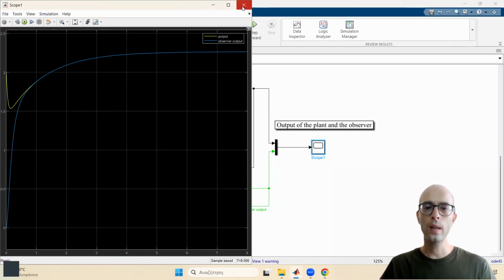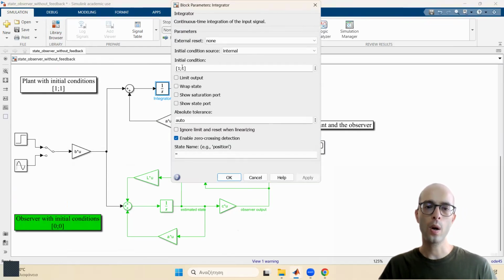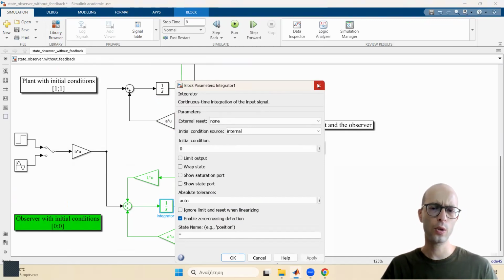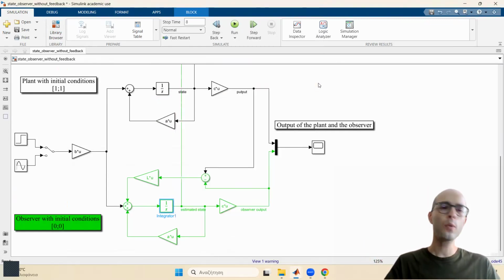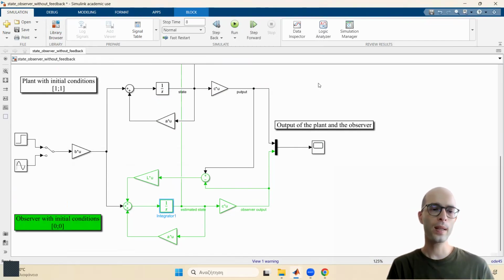By the way, note that the original system and the observer system have different initial conditions. For the original system, I have set the initial conditions to 1, 1, but for the observer, I set the initial conditions to 0. Generally, we don't know the initial conditions of the original system. So basically, we always place the initial conditions of the observer on the 0 position.